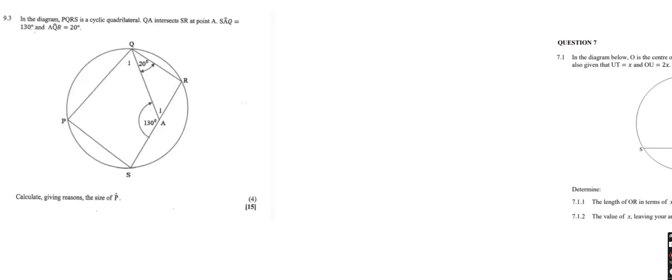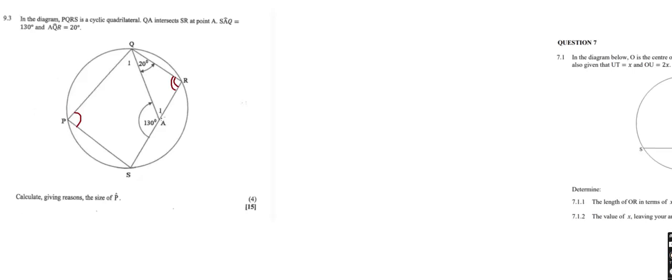So, and they tell us that AQR is 20 degrees. They are looking for the size of P with reasons. So we know that P plus R should give us 180 degrees. So if it's possible to find R, that is what we must do. So we could use the exterior angle of a triangle.